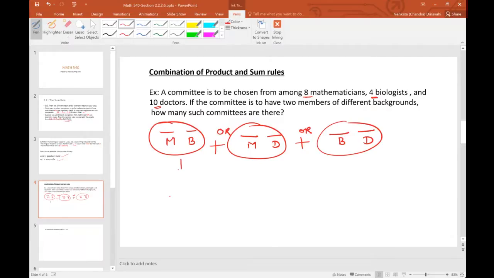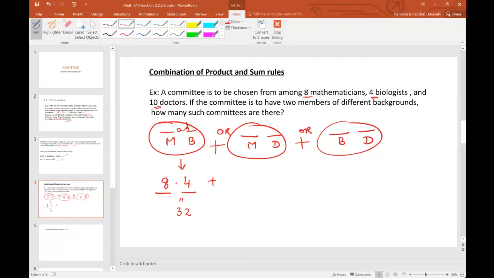Now let us figure out how many ways we can do each job. How many different ways can you pick a mathematician? There are 8 choices. And a biologist, this is M and B. How many ways can you pick a biologist? 4. So the number of ways you can form the committee with 1 mathematician and 1 biologist is 8 times 4, that is 32.